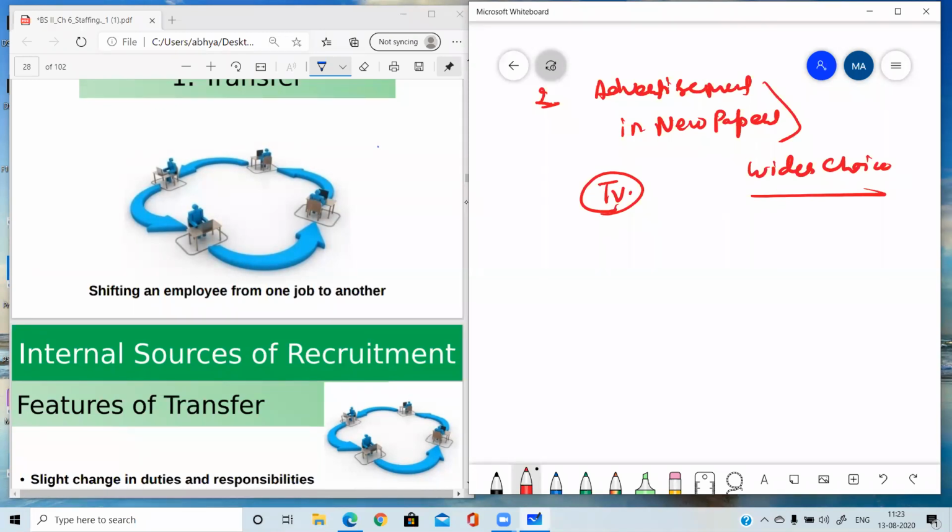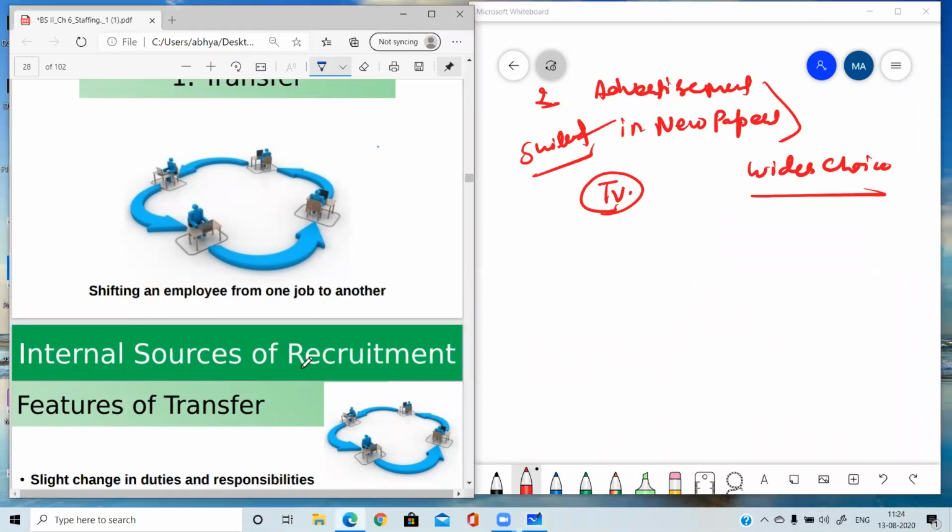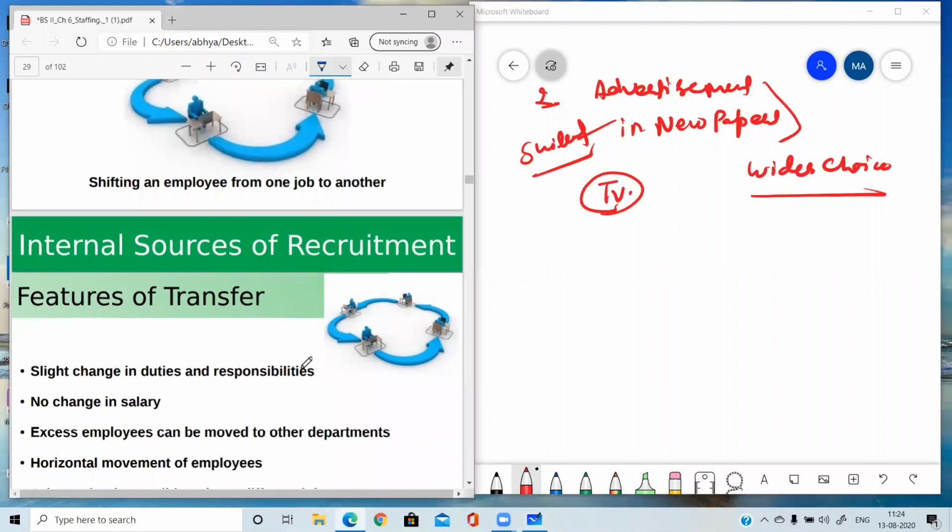Nowadays, in the age of the internet, no one gives job positions on TV. A wider choice is available here, and this can be used only for skilled laborers. Unskilled persons never read newspapers. So it is for professionals and experts, where a minimum qualification is required. Such a practice is followed with them.